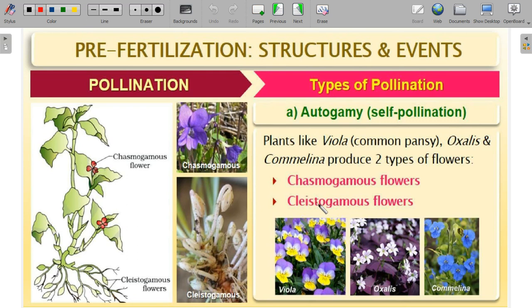What are the three reasons? Number one, they have closed floral appendages. Two, the anther and stigma are close to each other. Three, there is synchronicity in the maturation and release of pollen grains and the receptiveness of the stigma. Therefore, cleistogamous flowers can give you assured seed sets.